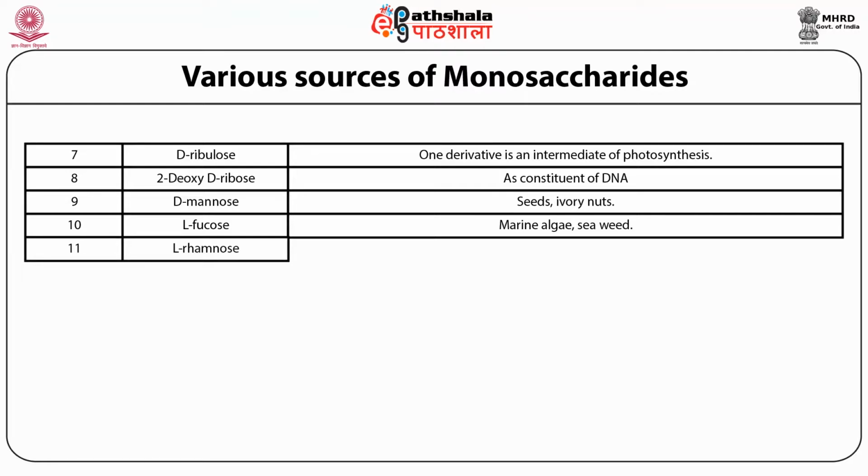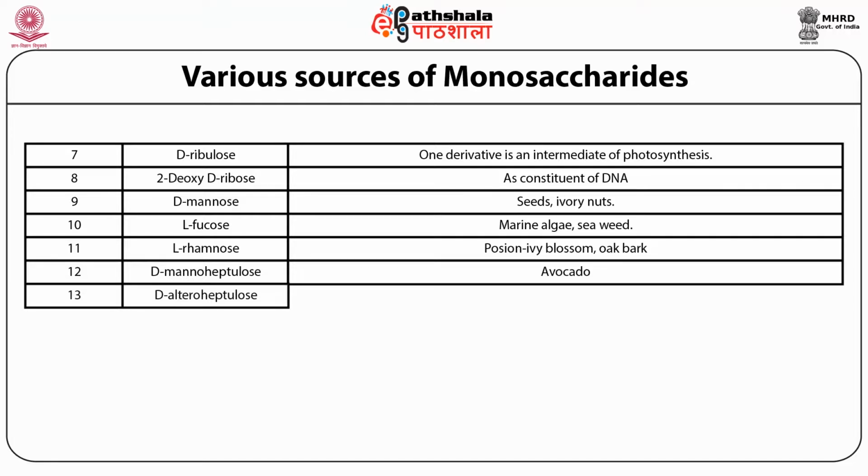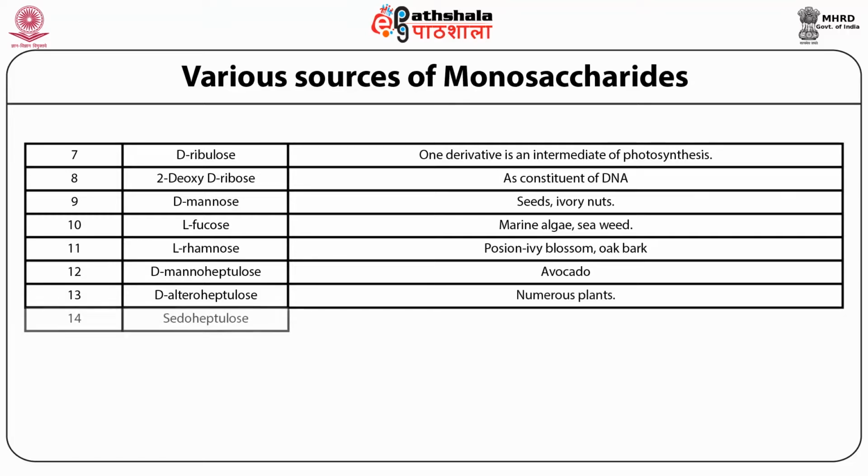L-rhamnose is present in poison ivy blossoms, oak bark, etc., whereas D-mannoheptulose is present in avocado and D-altroheptulose is present in various plants, whereas pseudoheptulose, which is a pseudo sugar, generally has 7 carbon atoms and is an intermediate in lipid synthesis.